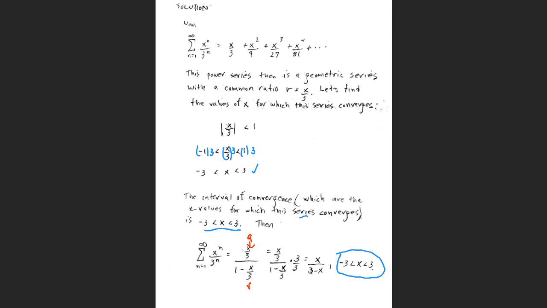I'm going to try to write things a little bit neater. So a is x over 3, and the common ratio r is x over 3. And so this will give you a summation of x divided by 3 minus x.